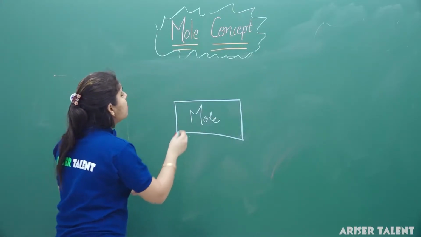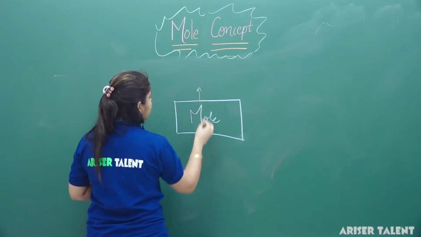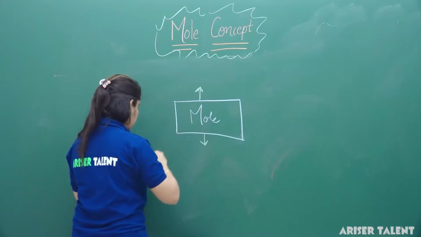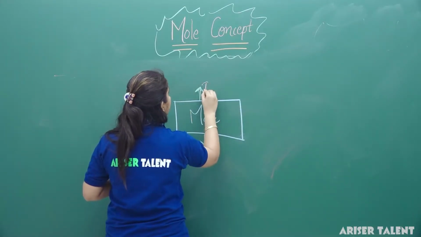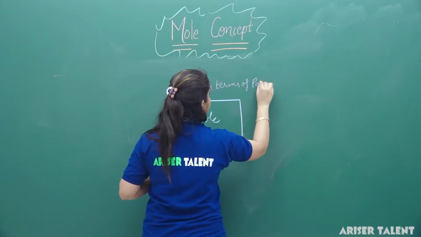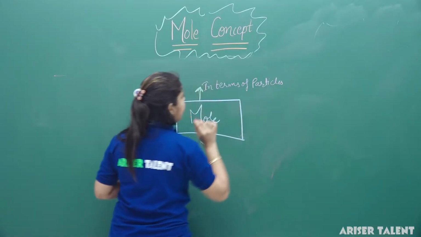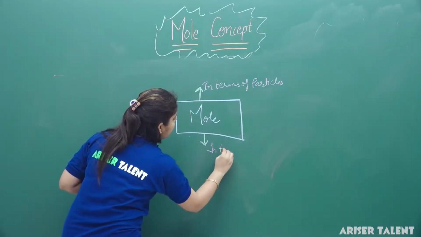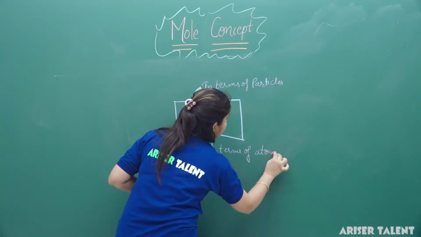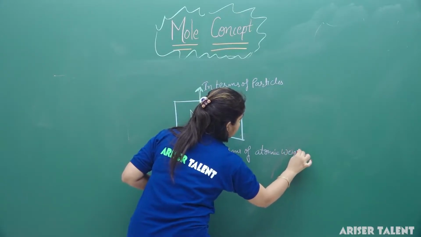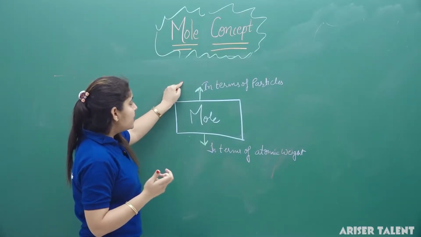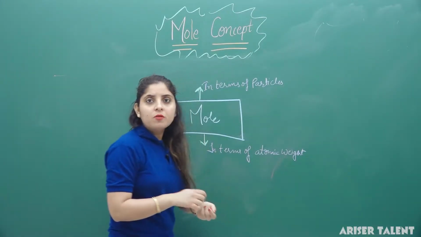We will calculate mole firstly in terms of particle, and secondly in terms of atomic weight or mass of a substance. So, mole is basically divided into 2 categories. Firstly, in terms of particle and second in terms of atomic weight.